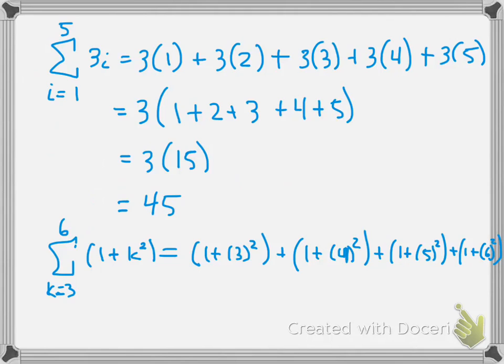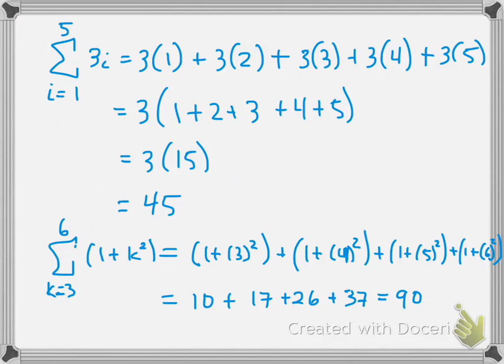And then I'd just solve that problem. So then I'd have 1 plus 9, which is 10. 4 squared is 16, so it'd be 1 plus 16, which is 17. 5 squared is 25, so I have 26. 6 squared is 36, so plus 1 is 37. And all these add up to 90. So that's kind of how you do it.